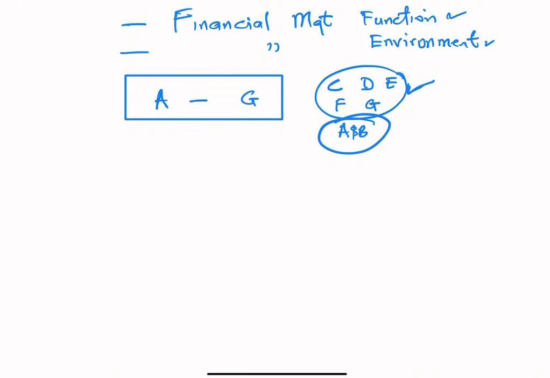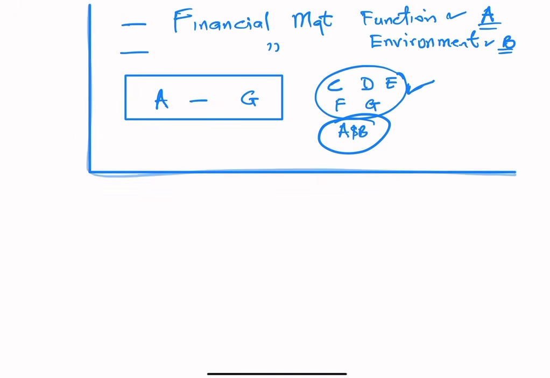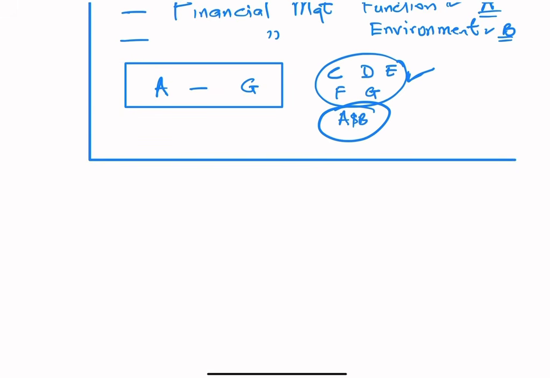So I'm going to discuss the financial management function, which is section A, and the environment, which is section B. So in this video, I will give you every single important thing you need to understand in these two sections. There's no need to waste your time reading so much literature because everything you need to know, you will get in this short video quickly. So we'll go into it.